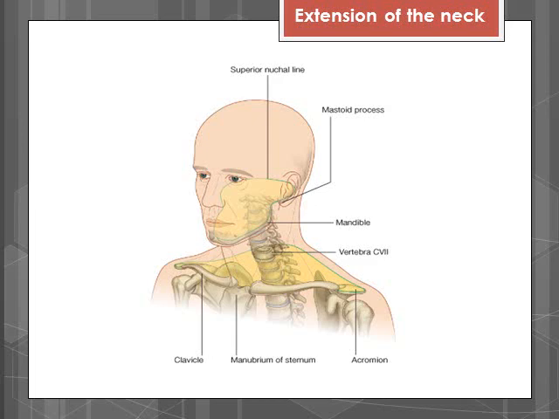The inferior limit of the posterior aspect of the neck is ill-defined, but can be approximated by a line between the acromion and the spinous process of the 7th cervical vertebra. The 7th cervical vertebra is prominent and easily palpable. The inferior border of the neck encloses the base of the neck.